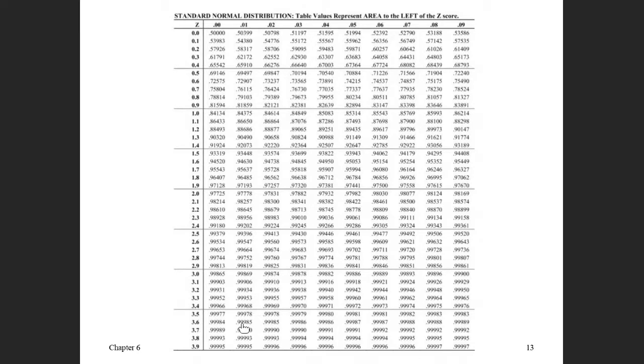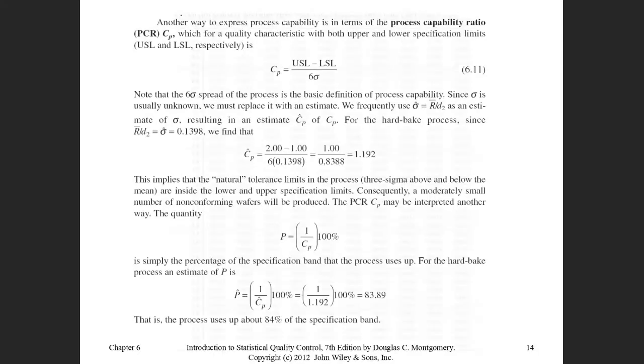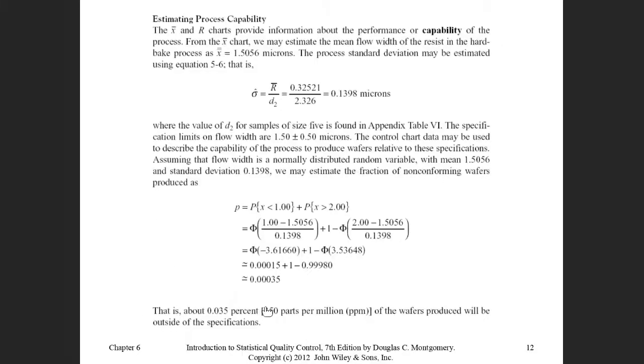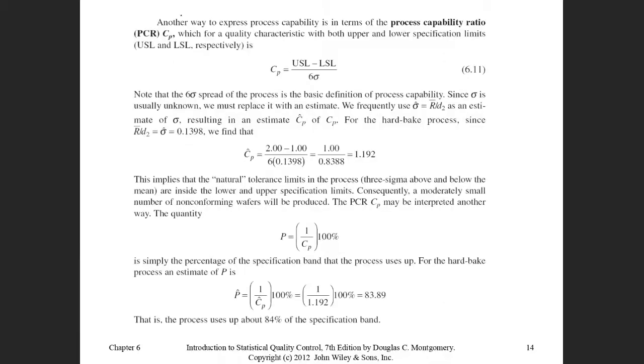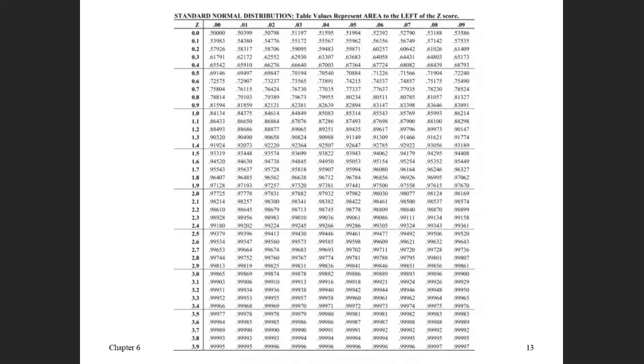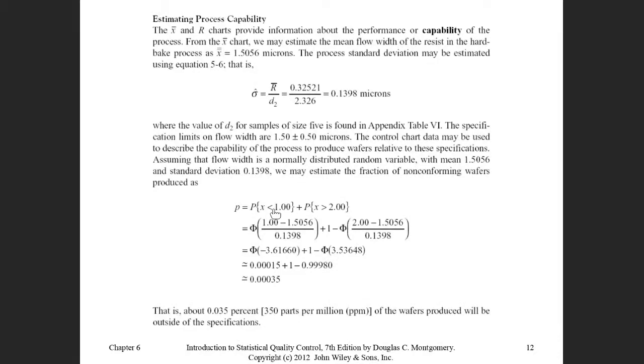It is 0.9985, and since this is for the left side, we have to subtract that value from 1 in order to get 0.00015. So we subtract the value from 1 to get the other side of the distribution, the value on the right of the specification.